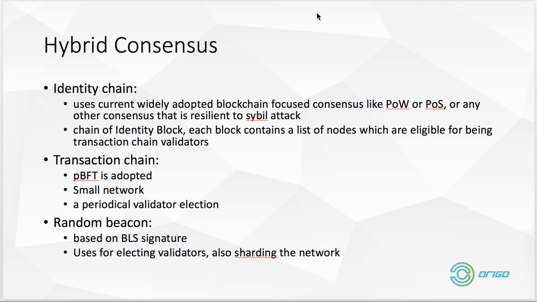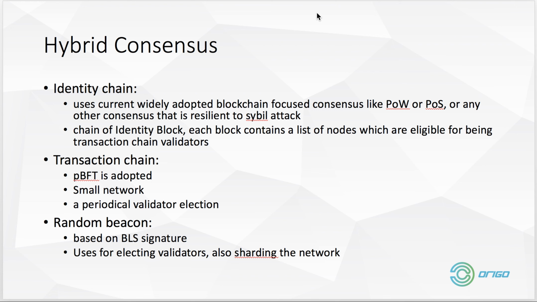We also need to support a random beacon, based on BLS signatures. This is a more technical detail. The reason is that we want to periodically select the validators, so how do we make sure it's fair?